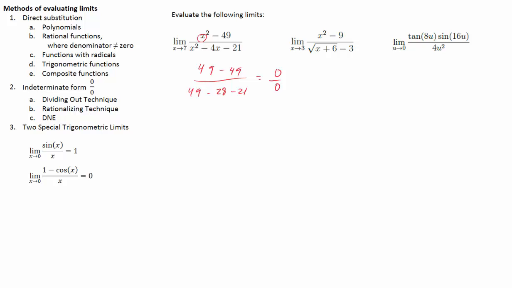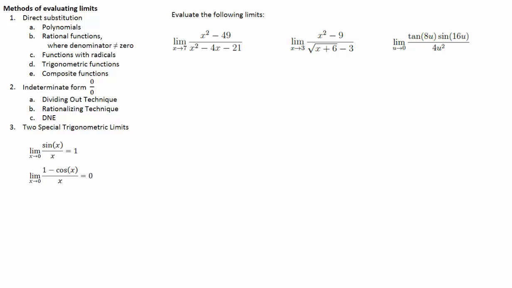This is called indeterminate form because the limit may exist and it may not. We need further investigation. In these cases, we're going to apply some algebraic technique or trigonometric identity to simplify our expression until we get something where we can determine whether or not the limit does exist.